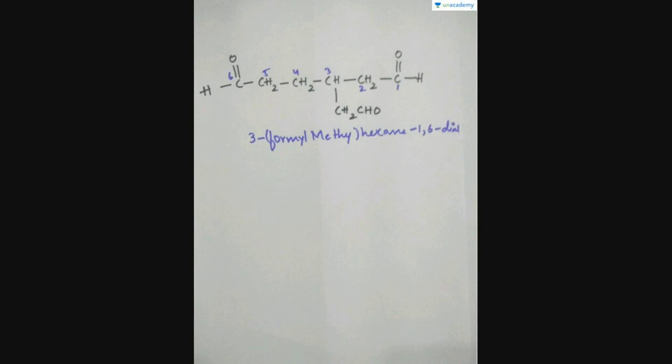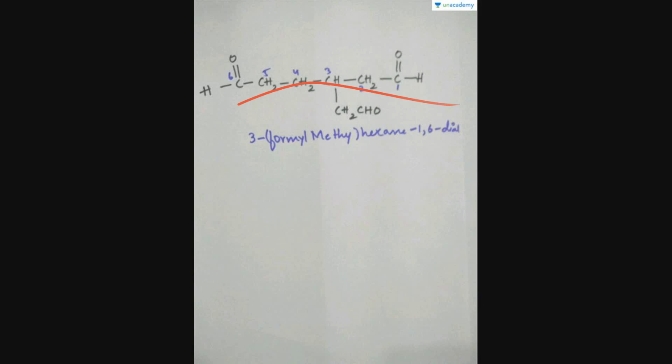So this is also a branched chain. Here we have the same functional group, that is aldehydes, but this is a branched chain. So we have to number as usual, that is 1, 2, 3, 4, 5, 6.